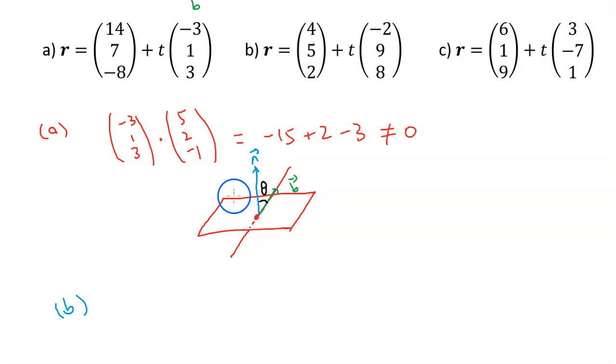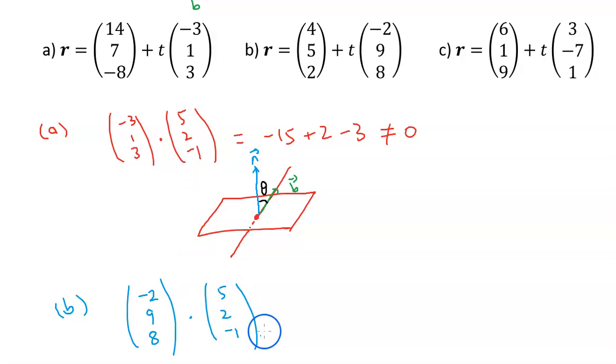Let's check if it is orthogonal to the normal vector of the plane. So (-2, 9, 8) dotted with the normal vector, which I believe is (5, 2, -1). What do we get this time? So we get -10 plus 18 minus 8.